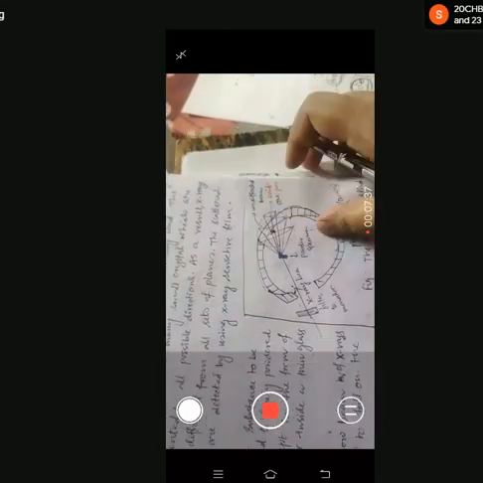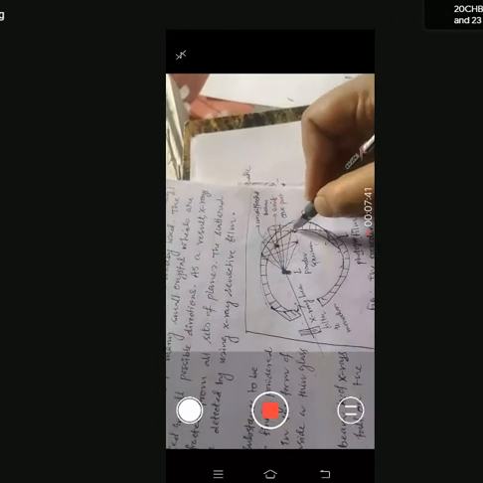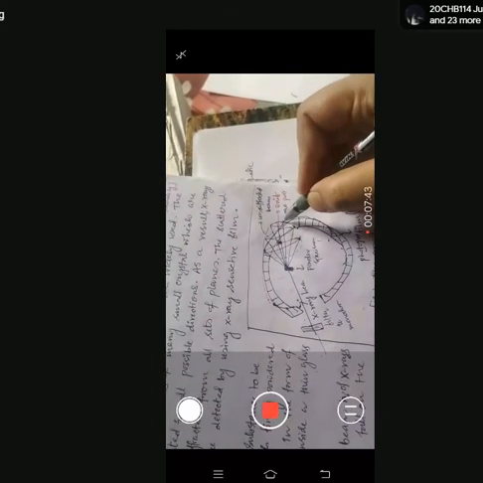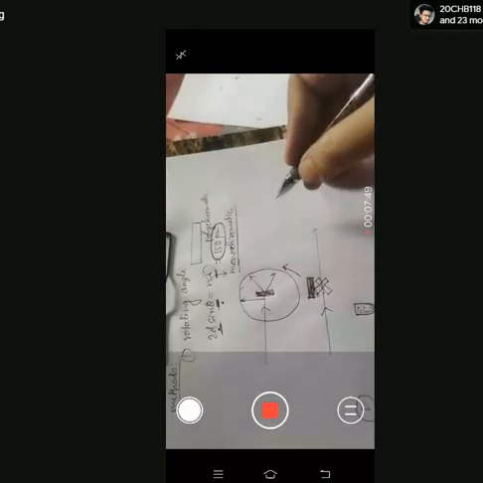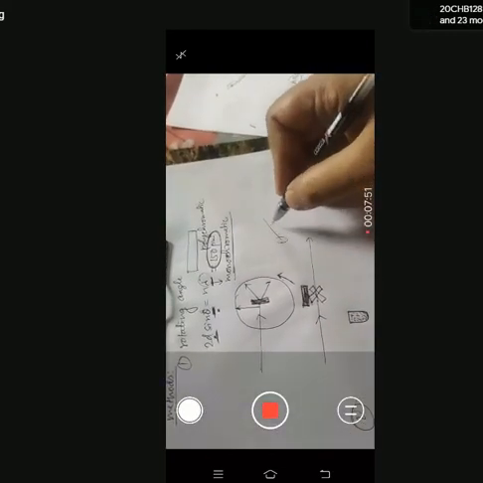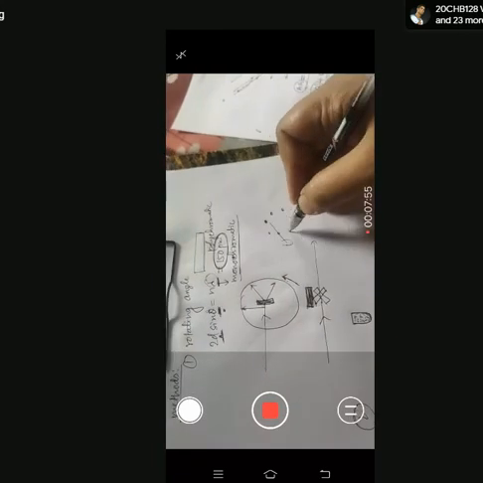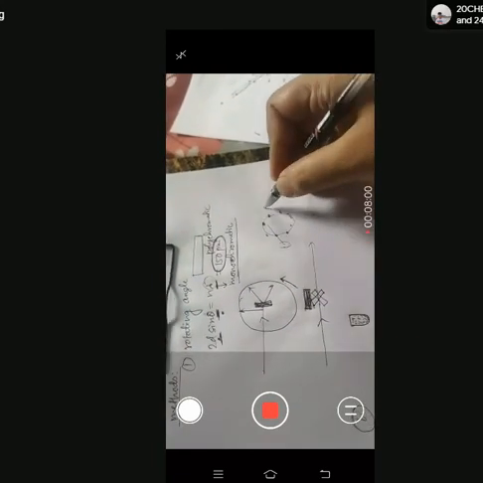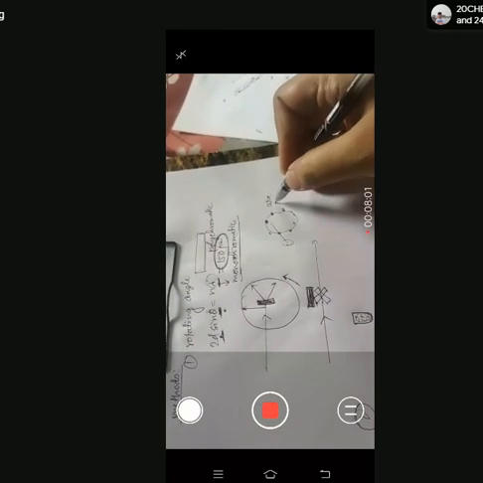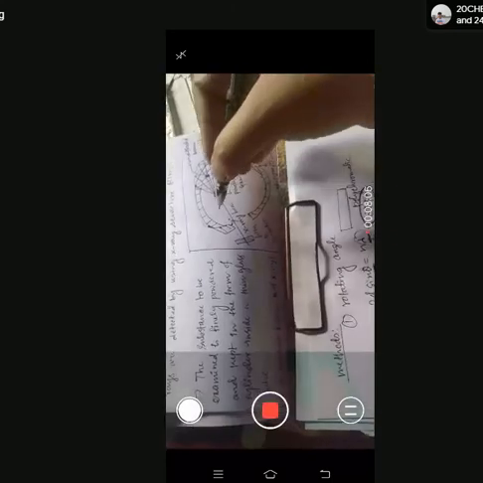So you will get an image like this: this is one diffraction, this is another diffraction, this is another. You will get a shadow or point for each diffraction. Since this is powder, one diffraction gives a circular arc in this way, but our plate is like this.